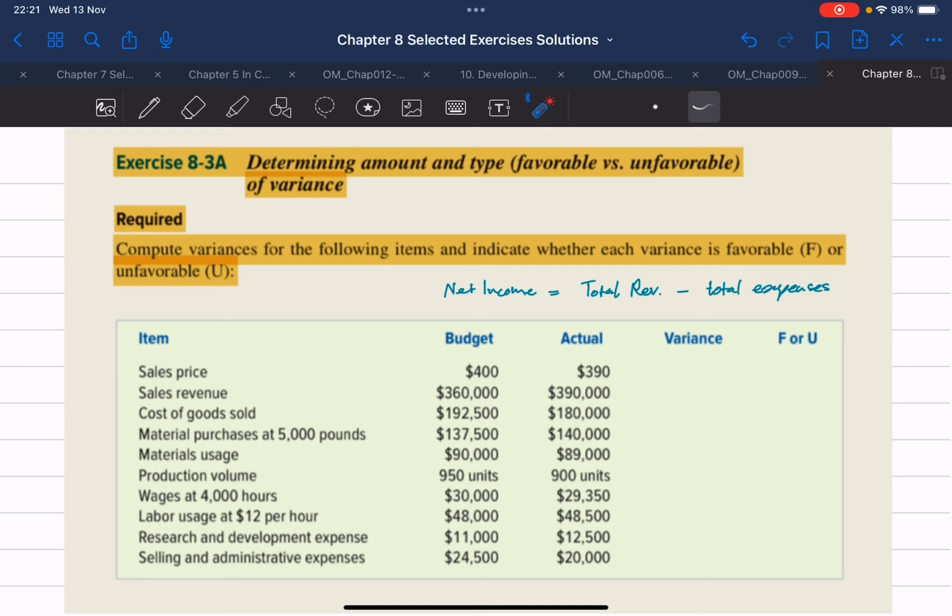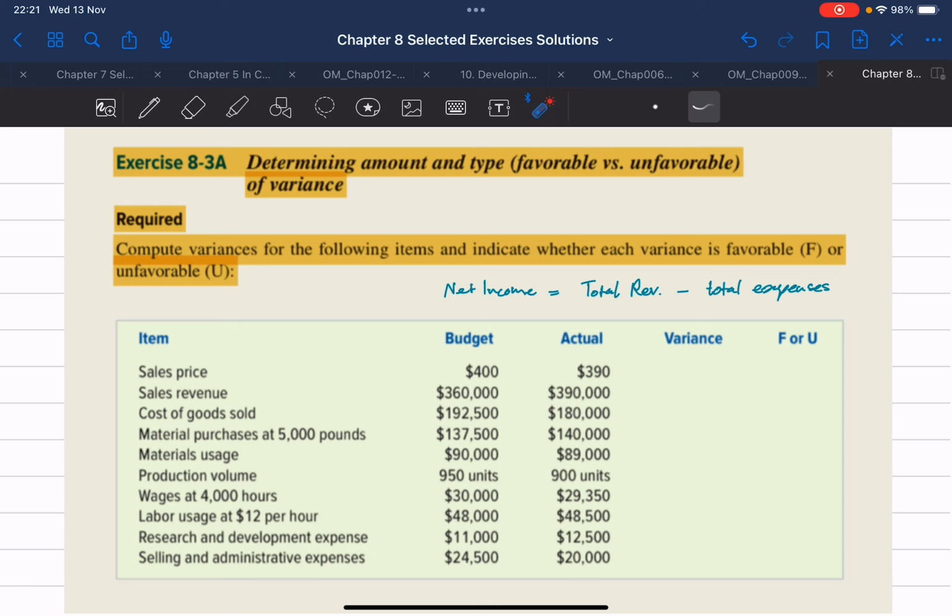Whereas for any expenses or costs, they have a negative relationship to net income. So the higher the total expenses, the less net income we're going to end up with, right? So for any item, you need to first analyze and see, is it going to serve our revenue? Does it relate to our revenue, or does it relate to costs and expenses?